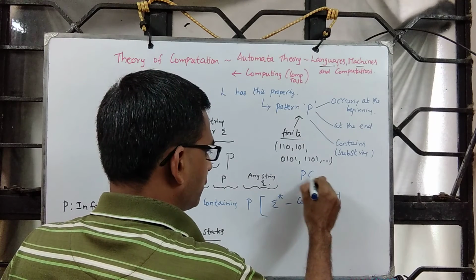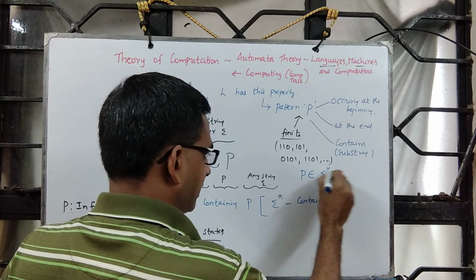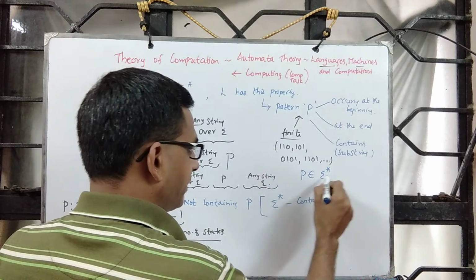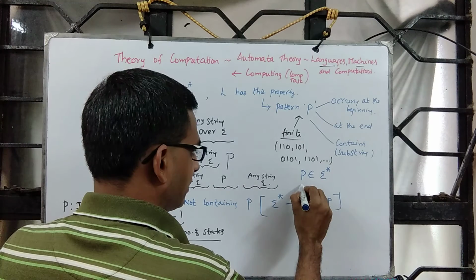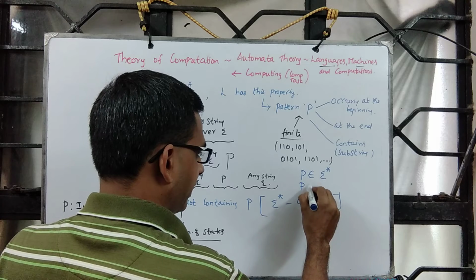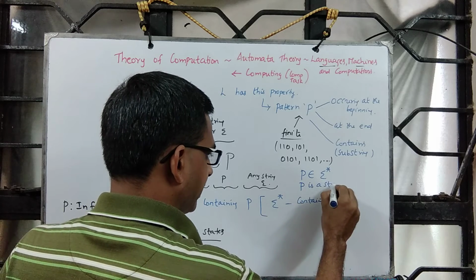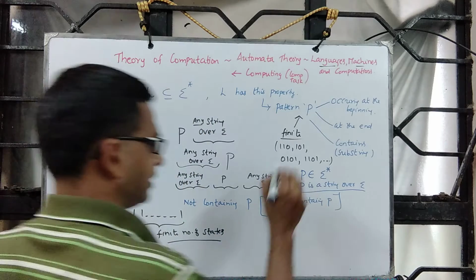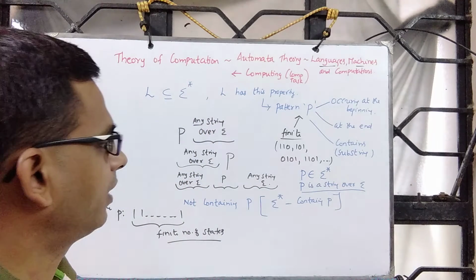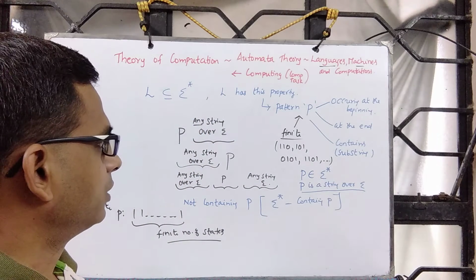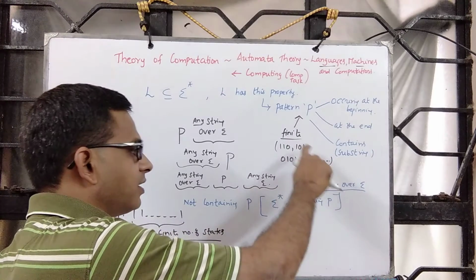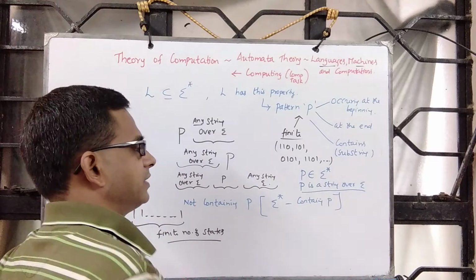P belongs to sigma star. It is a string, right? So it is an element of sigma star, or you say P is a string over the alphabet sigma. Fine. So now the pattern is finite in length and it is a string over sigma.